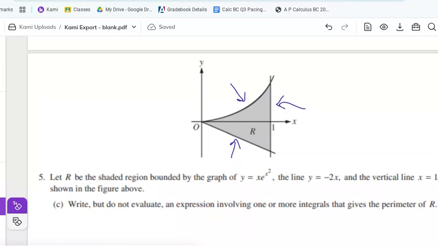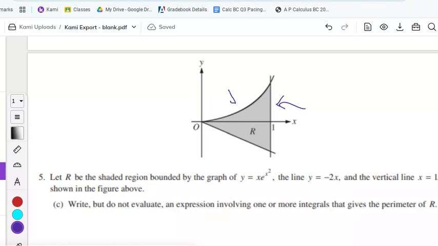To start off, to find the length of the line x equals 1, we should find its intersection points and get its y values. To find its intersection points, we should plug in x equals 1 into these bottom and top curves. So, let's first plug in 1 into y equals xe to the x squared. This means the length of this individual line is e.